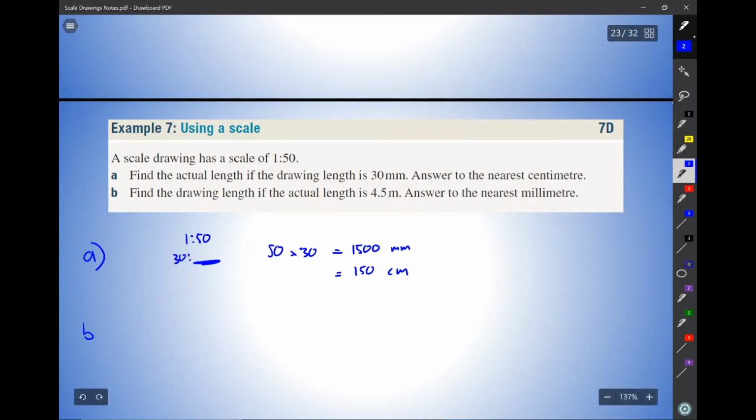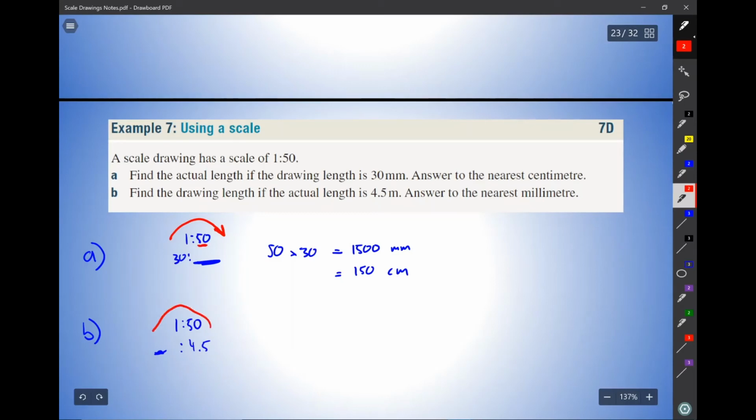Now in part B, we have to go the other way. So the ratio is still the same, 1 to 50, but this time we're trying to find the drawing length if the actual length is 4.5 meters. So again, when we were going this way from drawing length to actual length, we multiplied by 50.